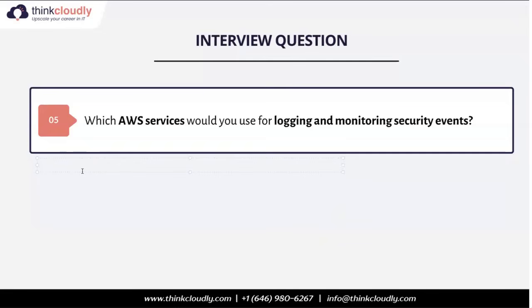So now, which AWS service would you use for logging and monitoring security events? This question would definitely be asked in interviews, and I'll take this up as someone who's being interviewed. So for logging and monitoring, we have two main important monitoring services in AWS, which are CloudWatch and CloudTrail.